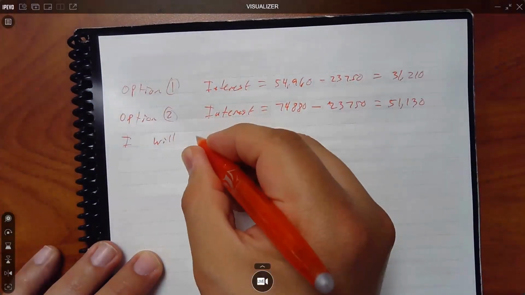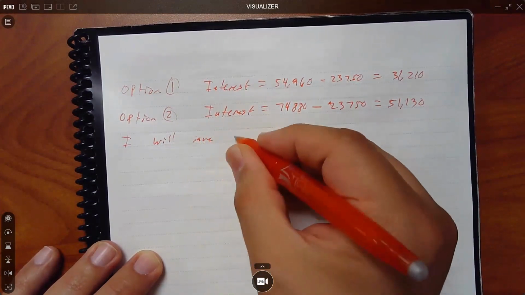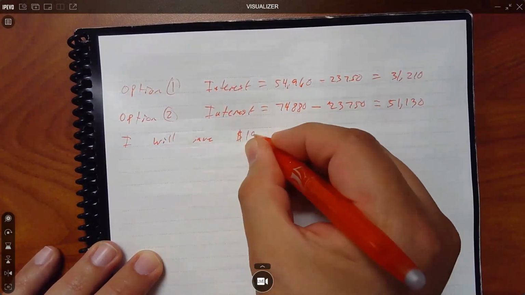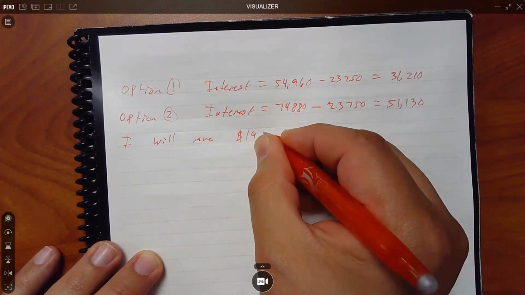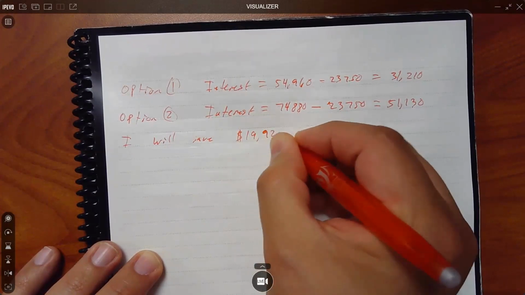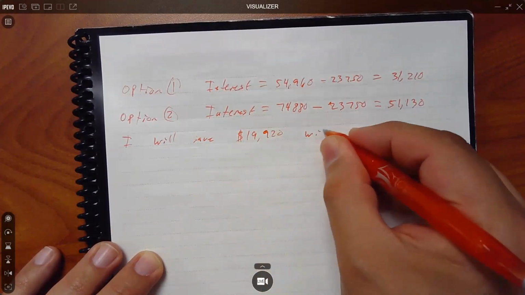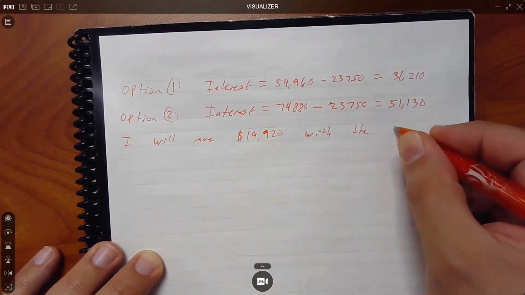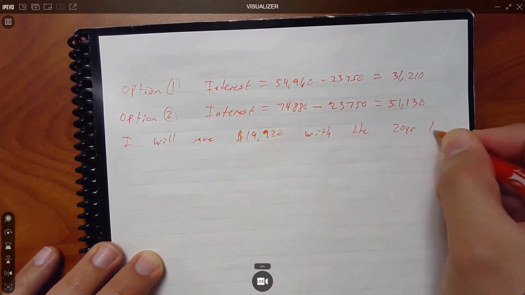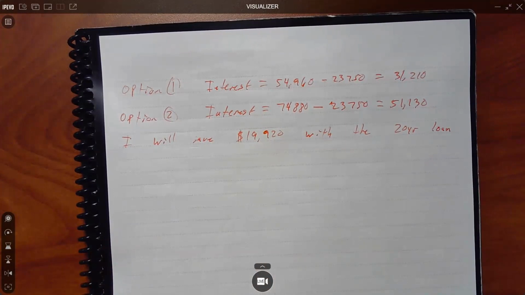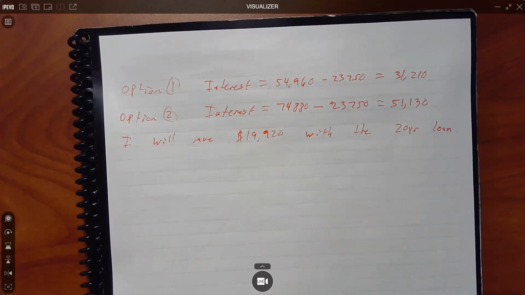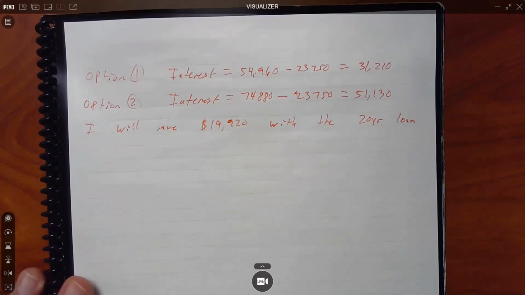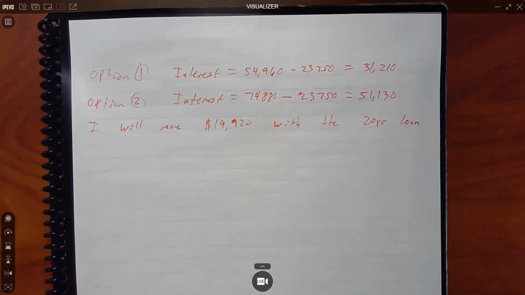So I will save $19,920 with the 20-year loan. Any questions on that?